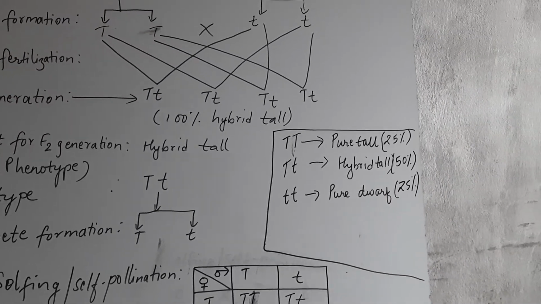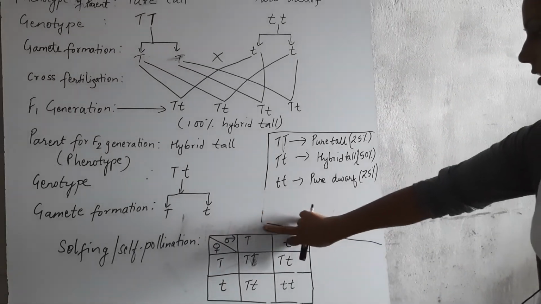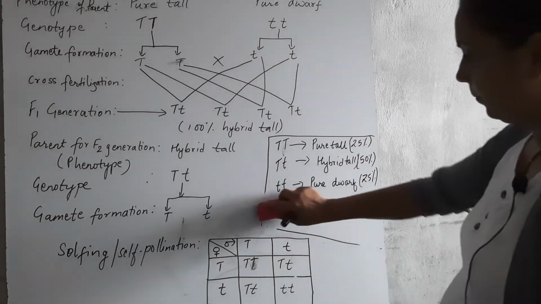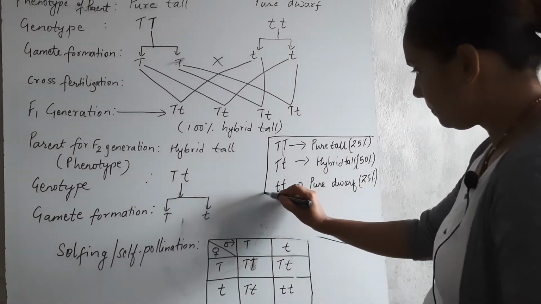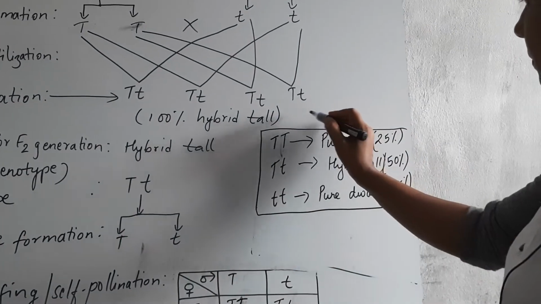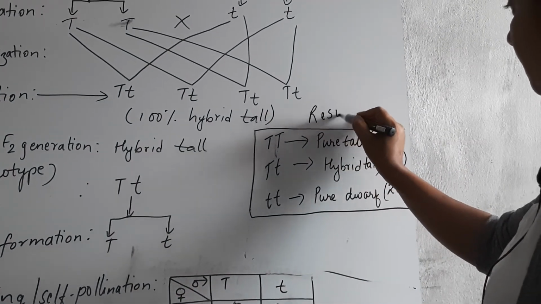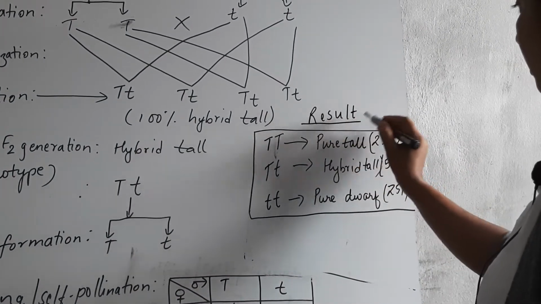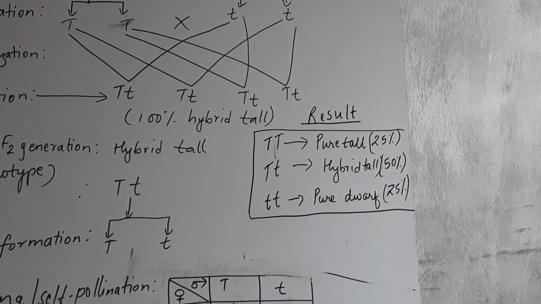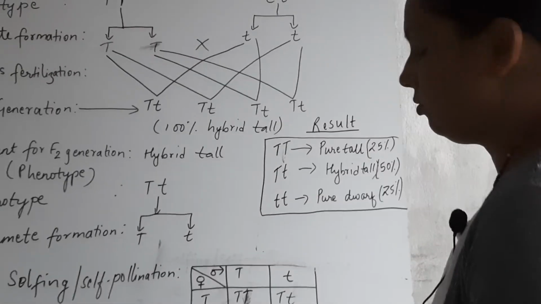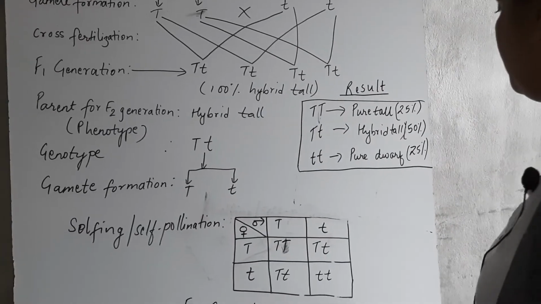And after this we have to write down the ratio, phenotypic and genotypic ratio.